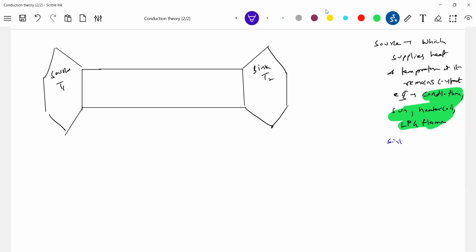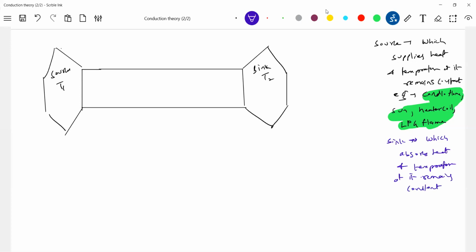Okay, next, sink. What do you mean by sink? It absorbs heat and its temperature remains constant.